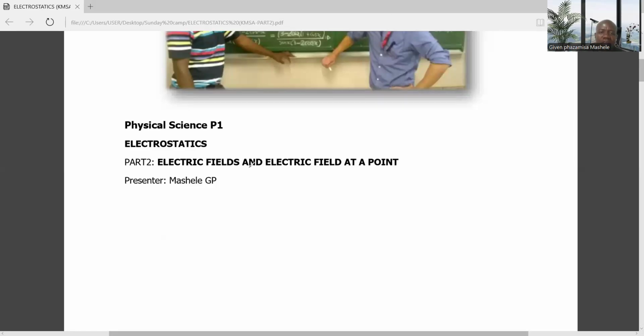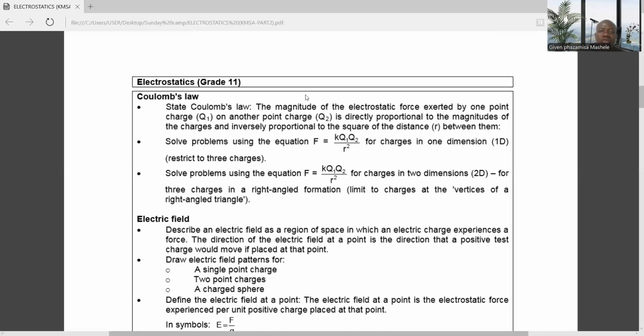Now, without wasting any time, you realize that in the first part we went through electrostatics for grade 11, where we went through Coulomb's law, where we stated Coulomb's law, and where we also looked at how to solve problems using the equation F equals K, charge 1, charge 2 over r squared, for charges that are in one dimension.